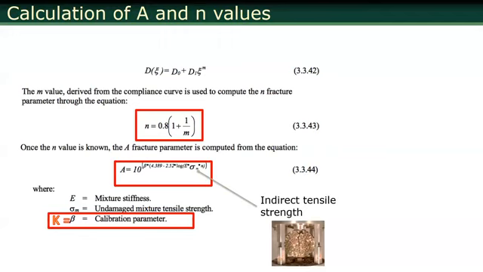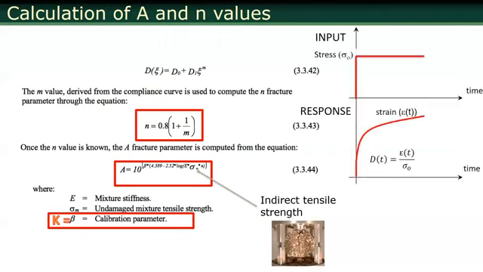And N goes here, and also here is the slope of the creep compliance curve. The slope of the creep compliance in the log space is calculated based on this: 0.8 times 1 plus 1 over m is our slope.